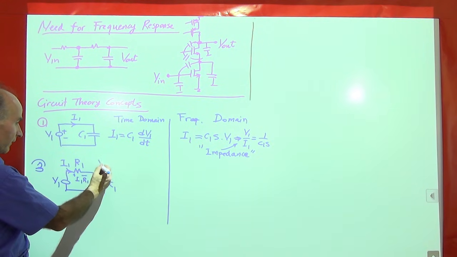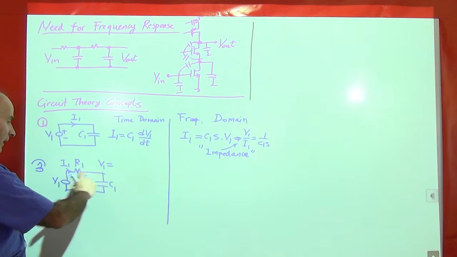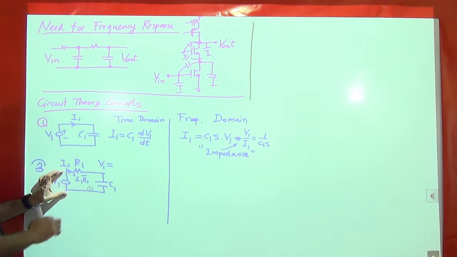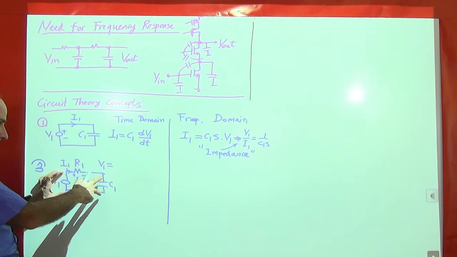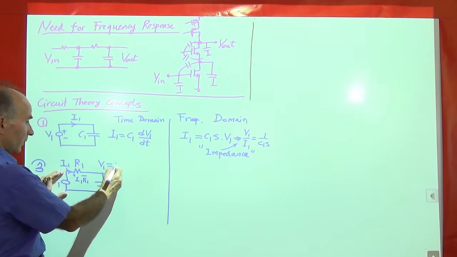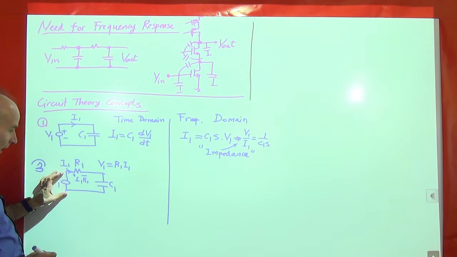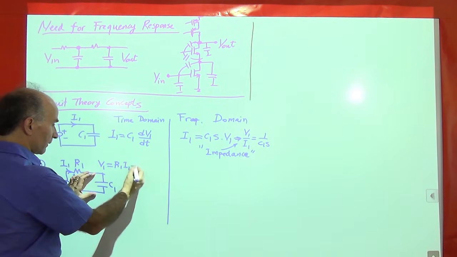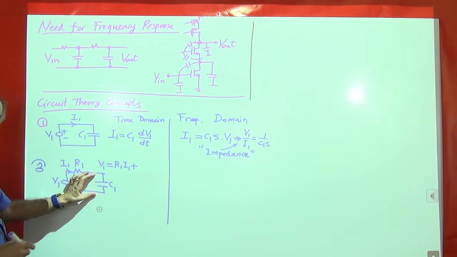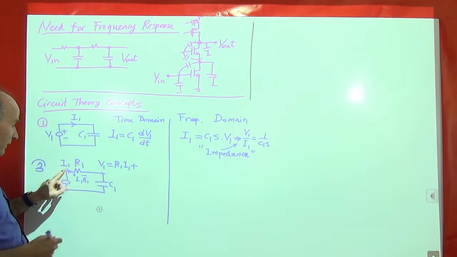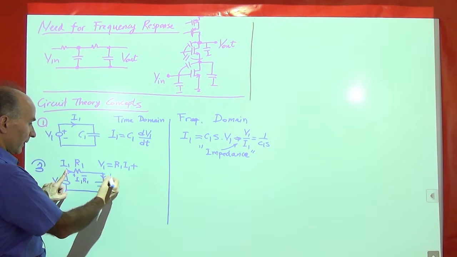So I can say that V1, I'm writing a KVL. This voltage is equal to this voltage plus this voltage. This voltage is R1 times I1. And then this voltage is the voltage across the capacitor. What I have is I1 flowing through the capacitor.